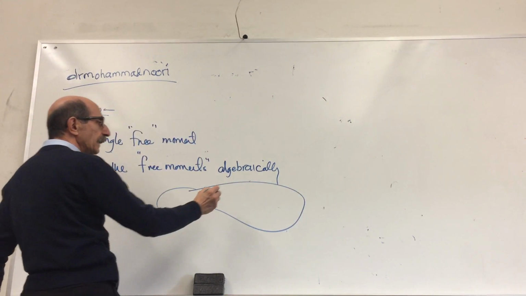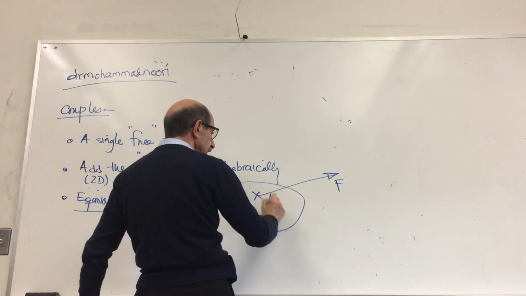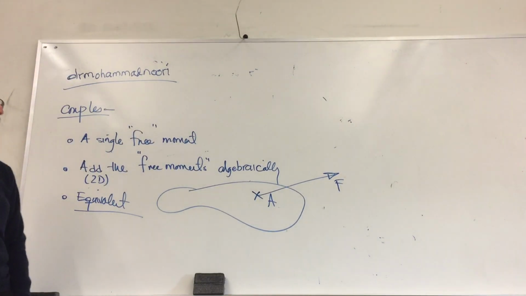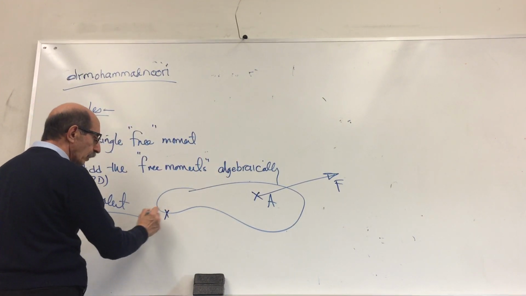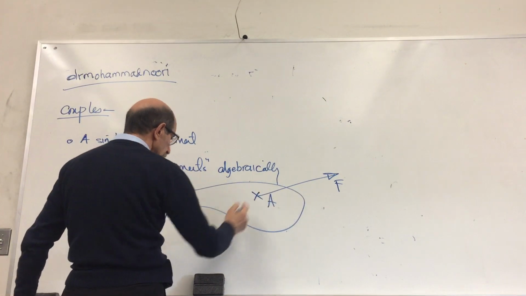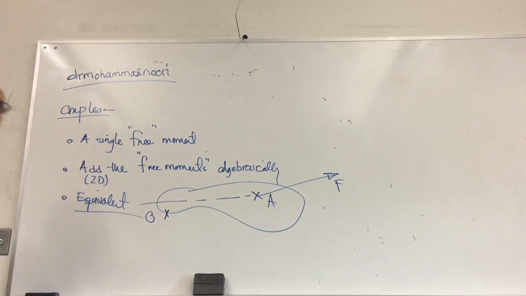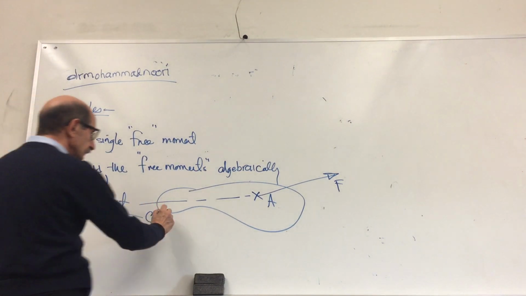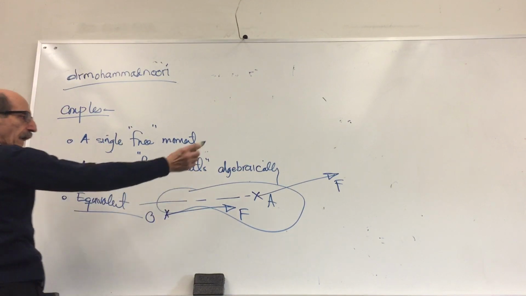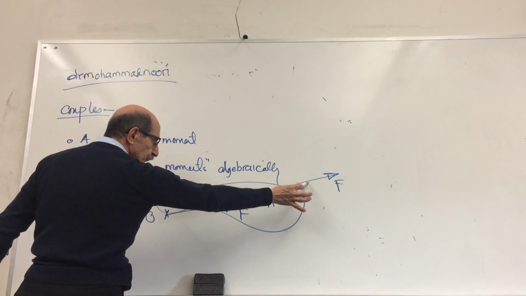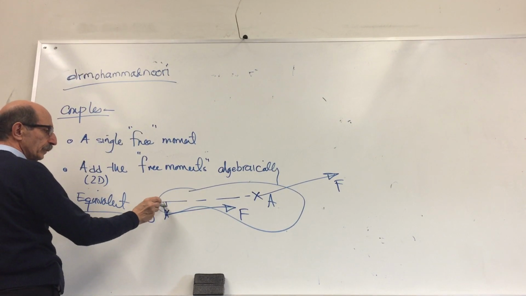If you have a force acting on a structure at any point, you can simply move that to any arbitrary point that you want, from here to here, but the penalty that you pay as a result of this action by moving that force to a new location is you have to add the moment that this force generates about this new location.